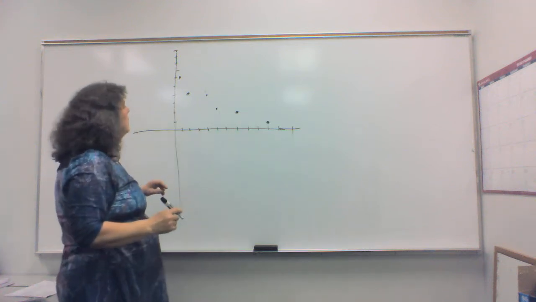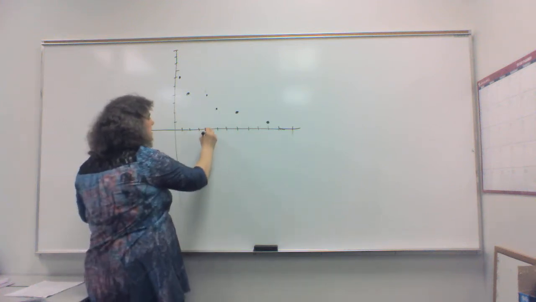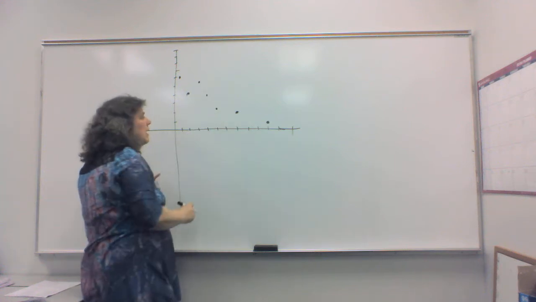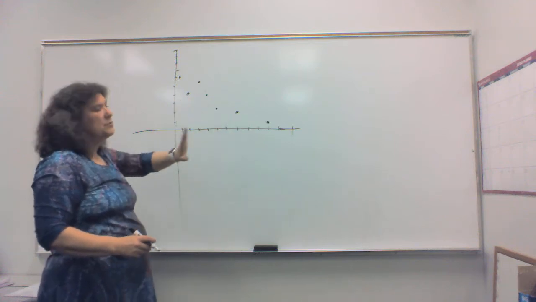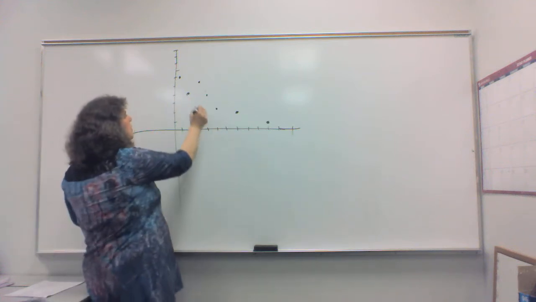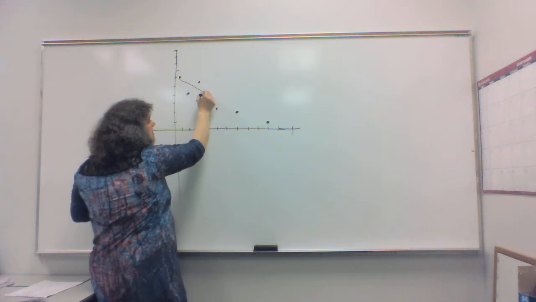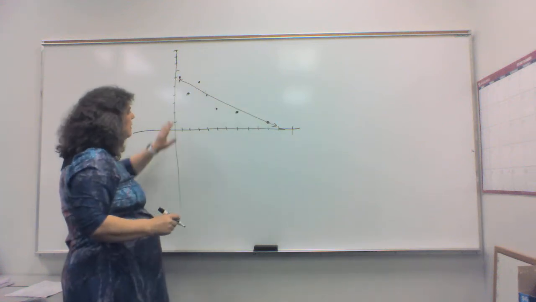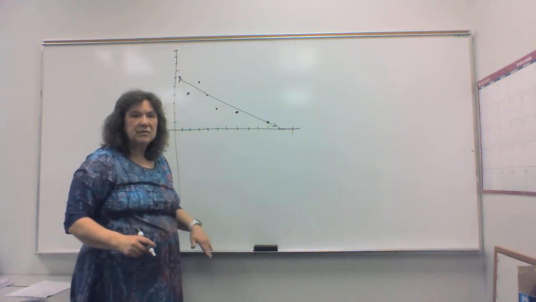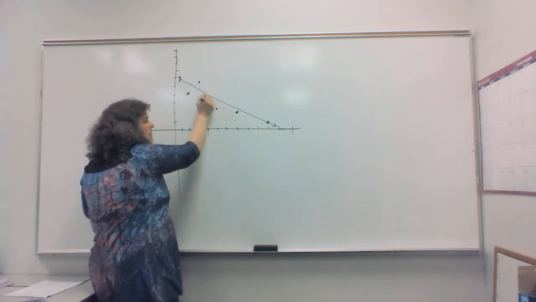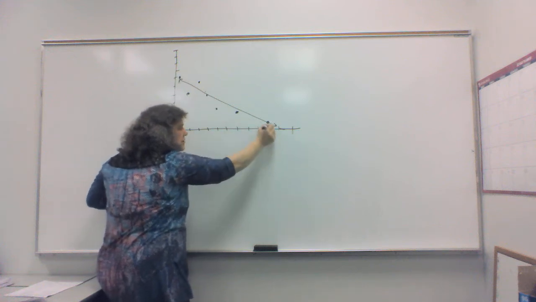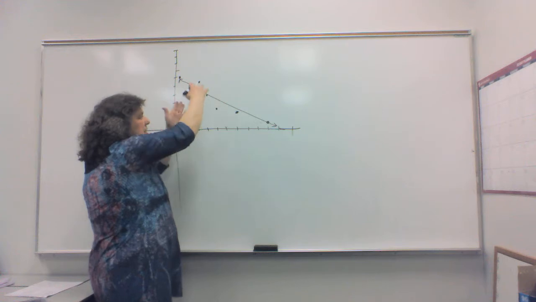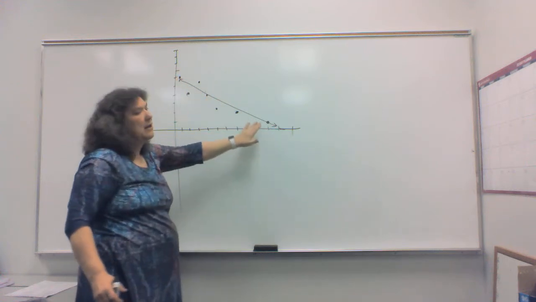Okay, notice this one also is not necessarily in a straight line. Not all the dots are in a straight line, but you will notice that it generally tends to run in a downhill direction if you draw a line kind of between those dots. They tend to group towards that line.